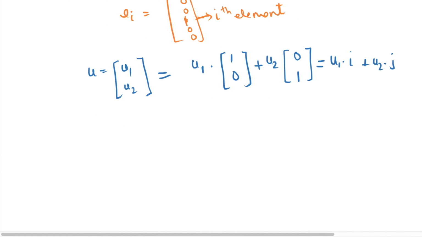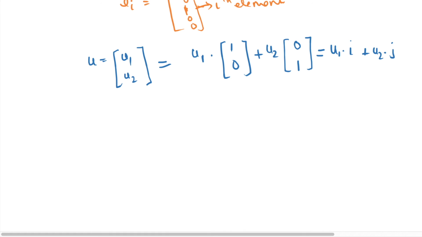And i and j are special vectors because they have unit length. So let me draw these vectors here first. Let's say this is 0, this is 1, 2, and again here it's 1, 2. So the vector i, if we assume that it starts from 0, will be this vector.